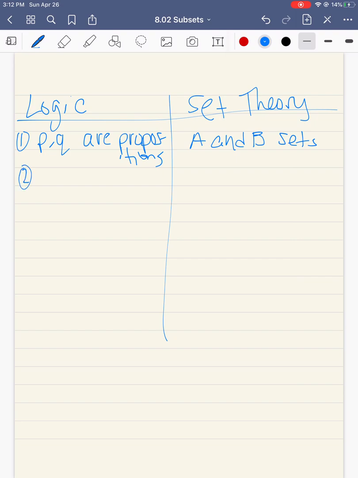To do a direct comparison between notation, if we had our not P notation, we would use the complement in set theory, so A prime essentially.